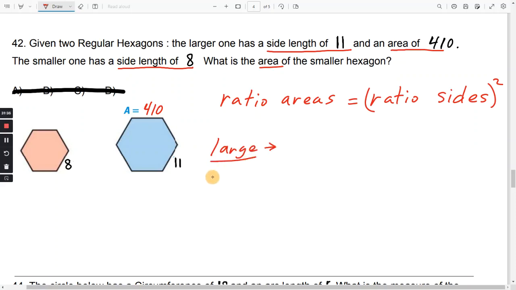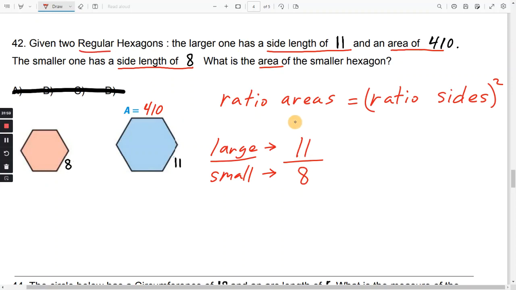And I'll put the smaller one in the denominator or the bottom. Alright, so the large side is 11. Okay, all side lengths are 11 because it's a regular hexagon. So the large side is 11 and the small side is 8.